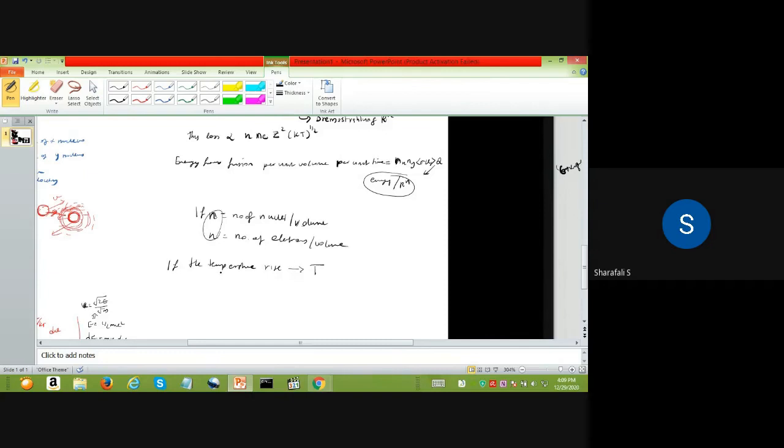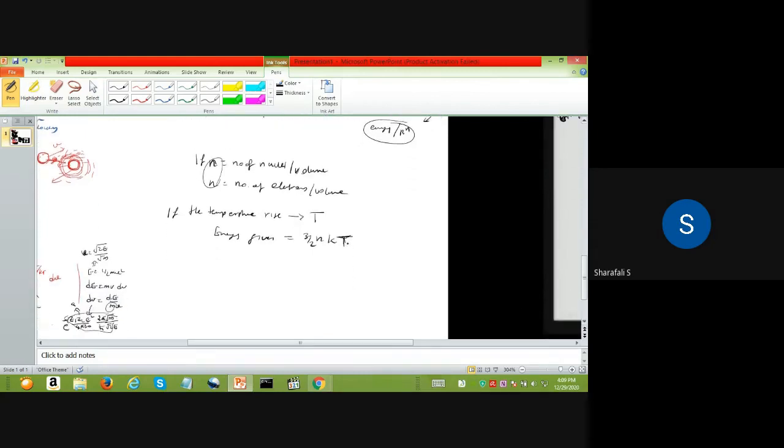The energy given will be nothing but 3/2 nkT, or 3/2 RT you can take. This much energy has been provided to the system. If you consider this number of nuclei or number of electrons, then 3/2 kT is the average energy.